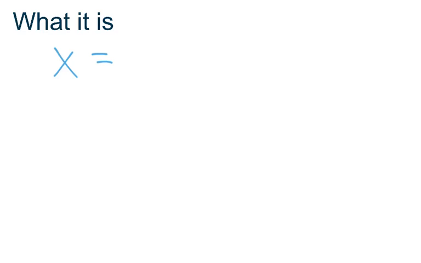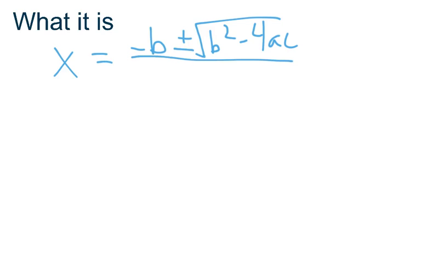And it's a pattern. x equals negative b plus or minus the square root of b squared minus 4ac, all over 2a. Now you might be wondering, what do I mean by b squared, a, c, 2, 4, all that other stuff?